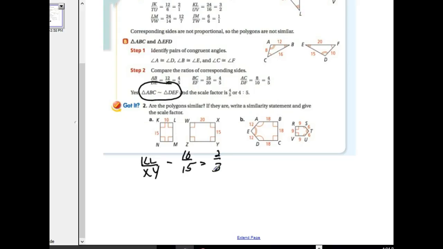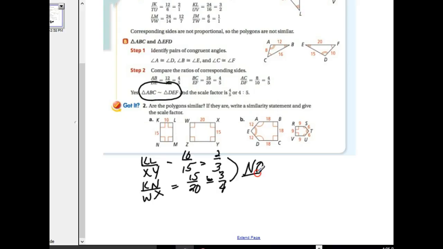In the same way, if we compare the longer side, KN, to the longer side of the other rectangle, which is WX, then we're going to have a 15 to 20 ratio, which reduces to 3/4. Since these do not match, the answer is no. For A, those are not similar rectangles in this case.